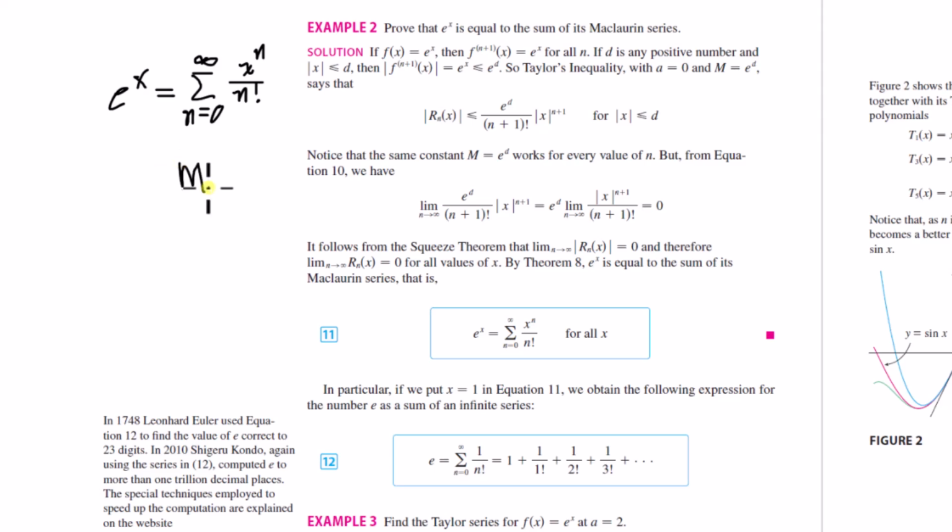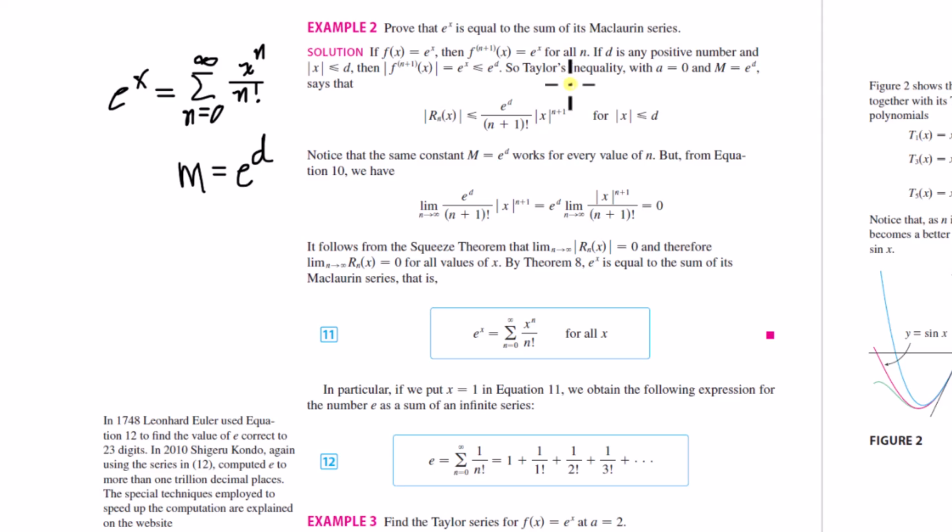M is going to be equal to e to the d, which means that if you pick any number d, that's a radius centered about the center point. d is a number that represents the radius about the center point, plus or minus from the center point. If you evaluate the n plus 1th derivative at any x within that interval, including the endpoints, then every single resulting value, no matter what you choose, is going to be less than or equal to e to the d.